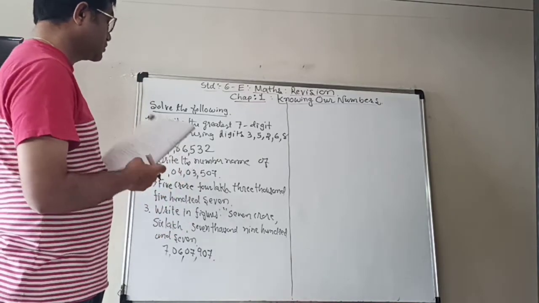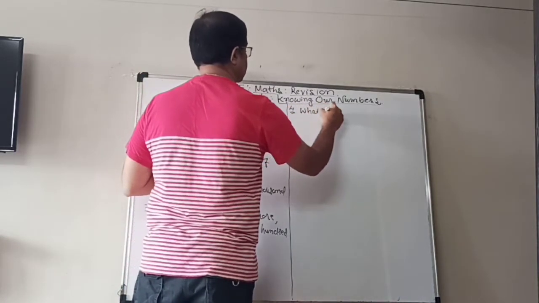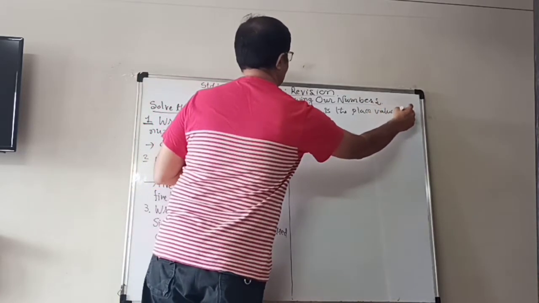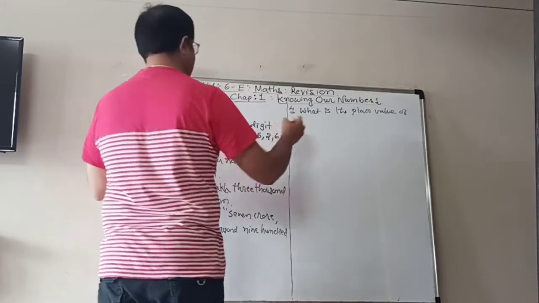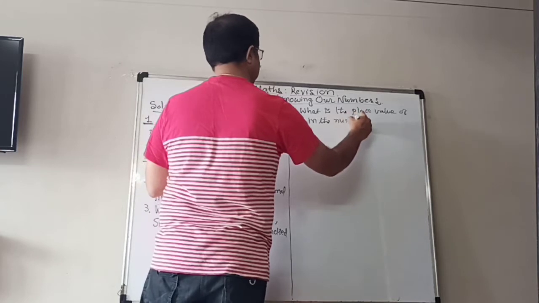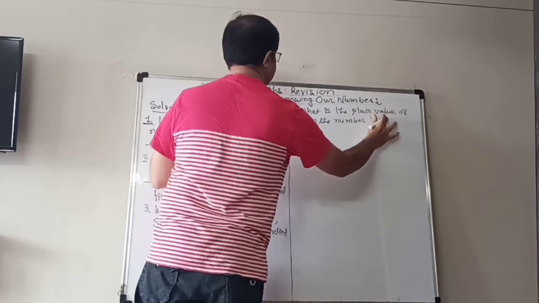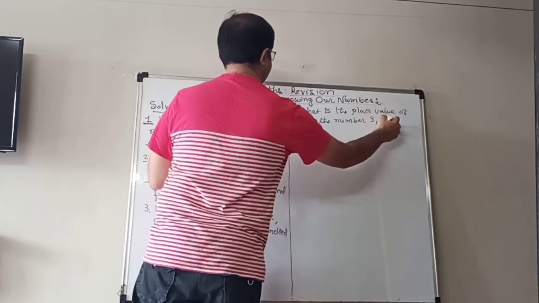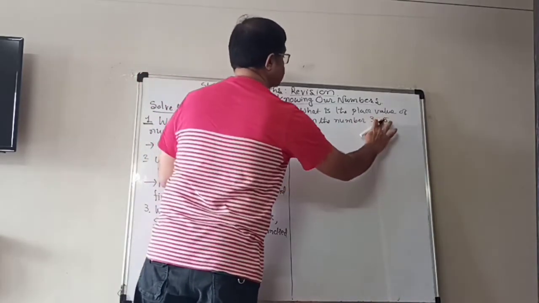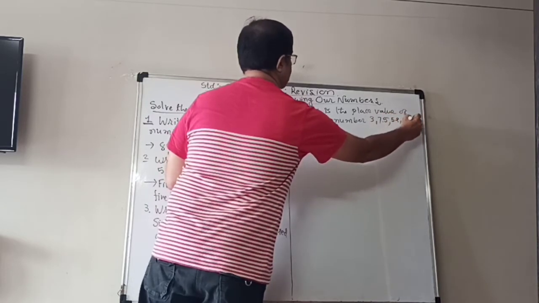Next, what is the place value of 7 in the number 3,25,375,52,403?